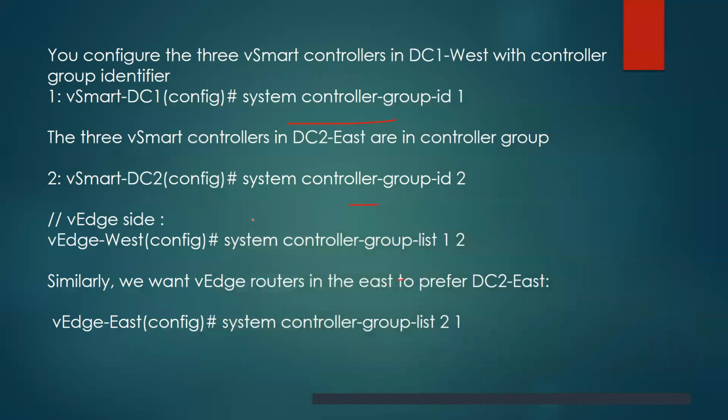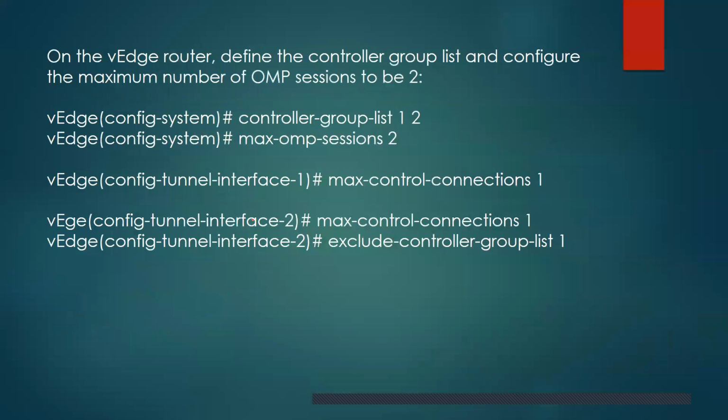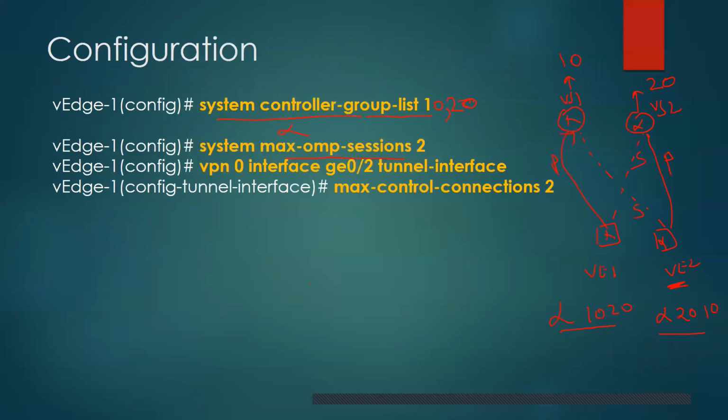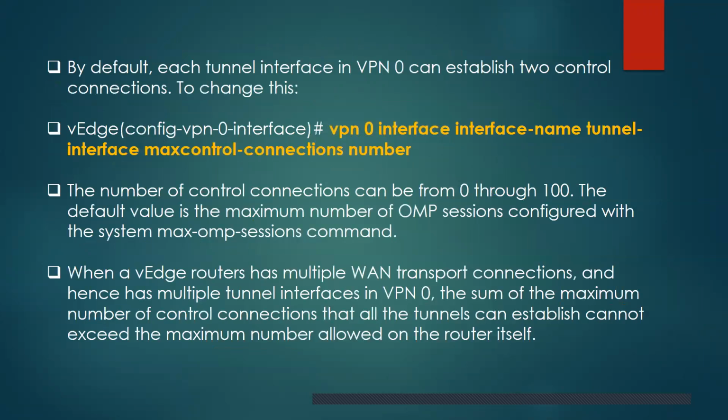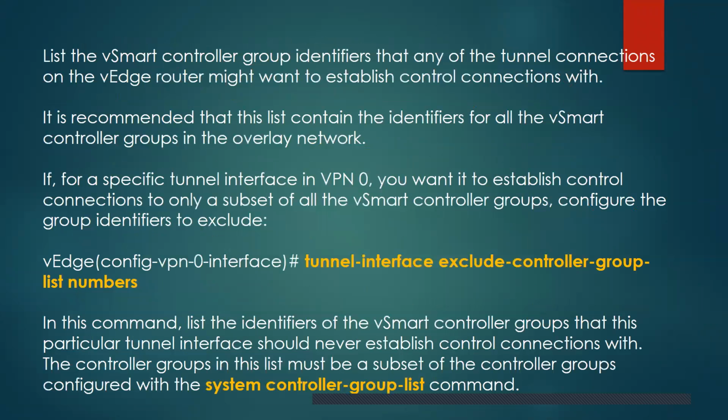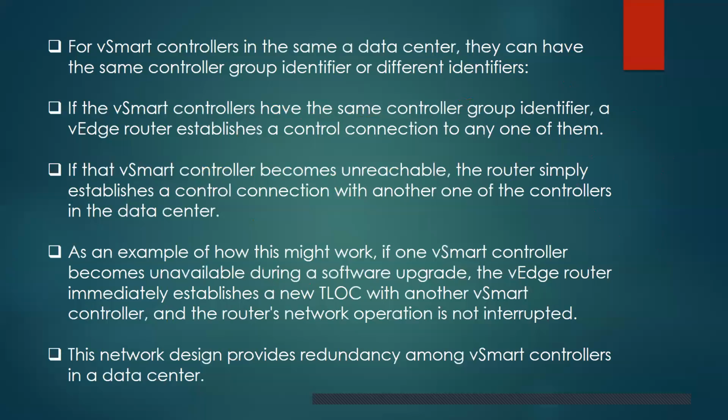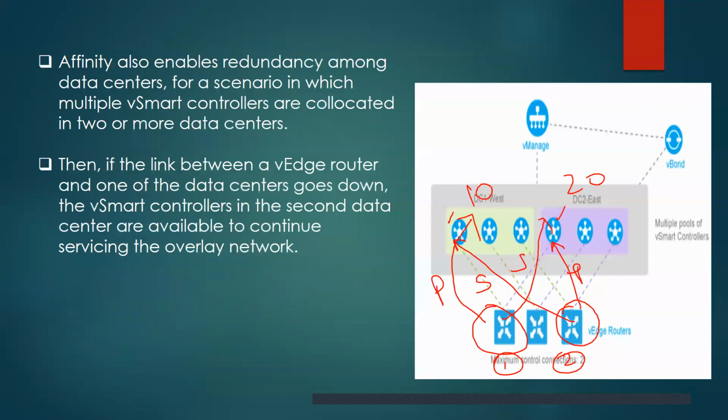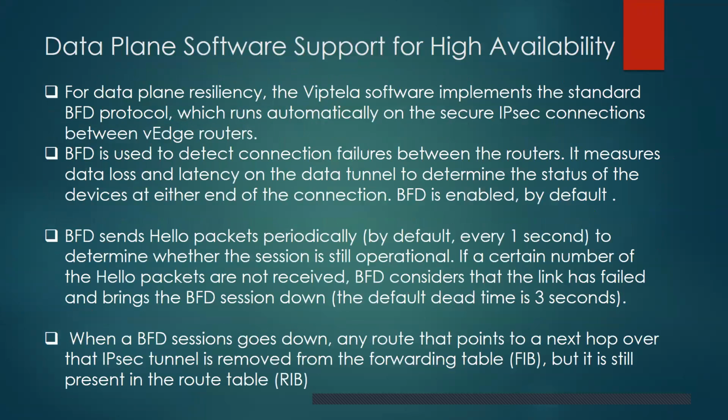All right. So this is related to high availability and redundancy. We haven't completed this portion because we haven't discussed data plane high availability and redundancy. What are the terms we have? We have BFD or IPsec high availability redundancy.